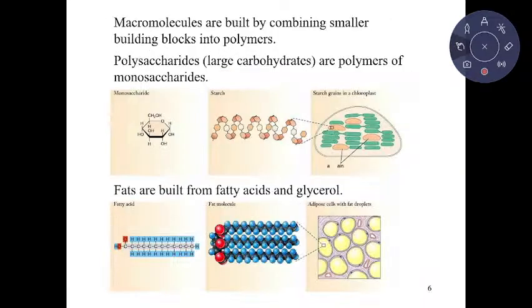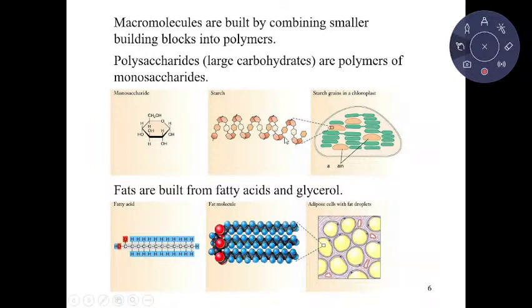Now next. Macromolecules are built by combining smaller building blocks into polymers. So polysaccharides, large carbohydrates, are polymers of monosaccharides. Monosaccharides combine together to form large carbohydrates, polysaccharides.